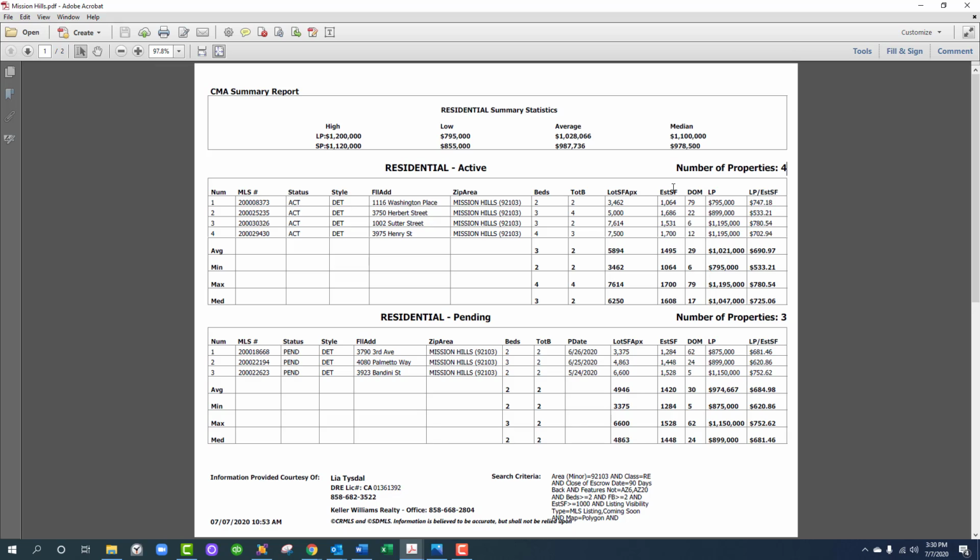The other thing is to kind of scan, this is estimated square feet, kind of scan how big homes are. And then we've got an average, a minimum, a maximum, and a median. I don't focus too much on the minimum and the maximum personally, but how you absorb data is how you absorb data. I mostly look at the average or the median. So in this area, this tells us that on average of these, it's only 4 homes.